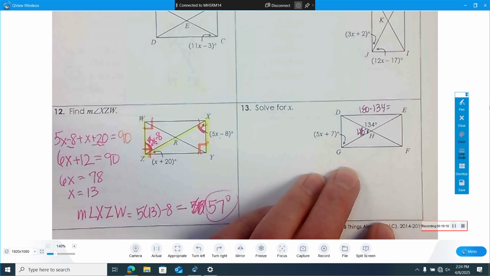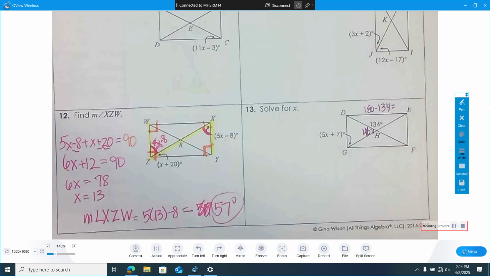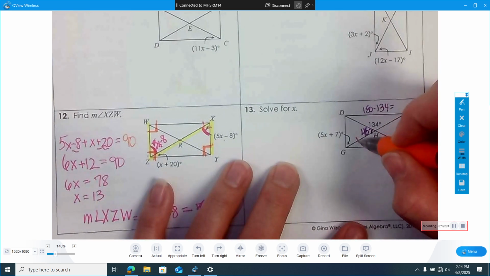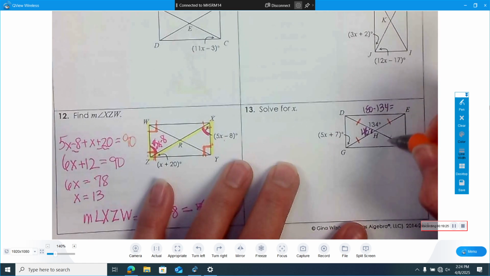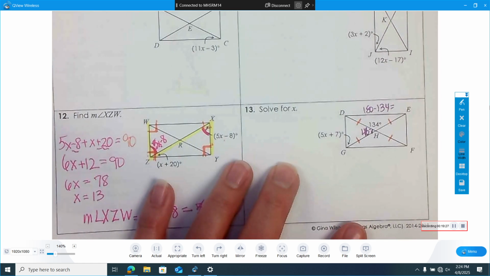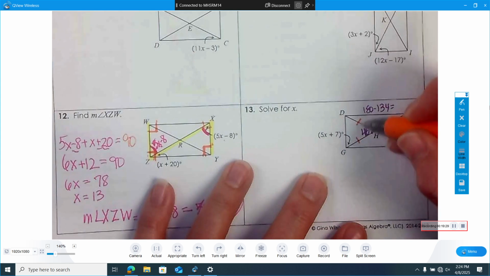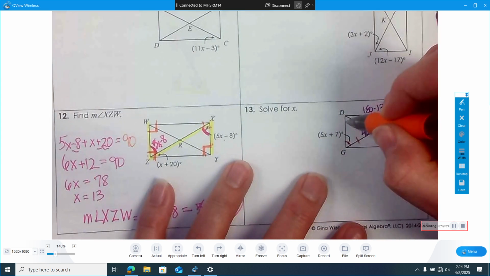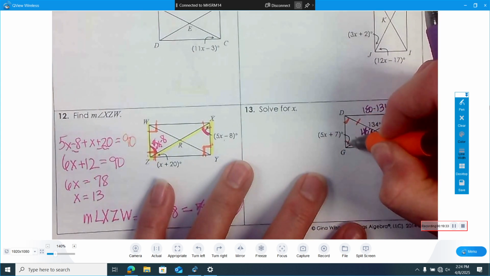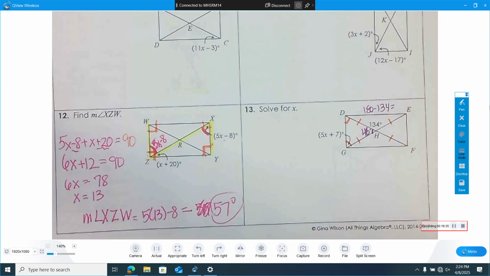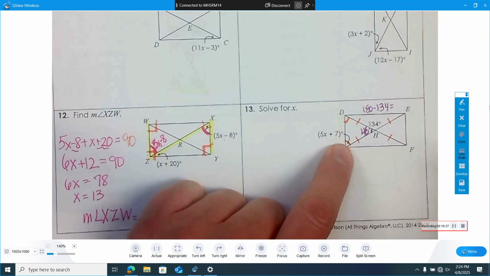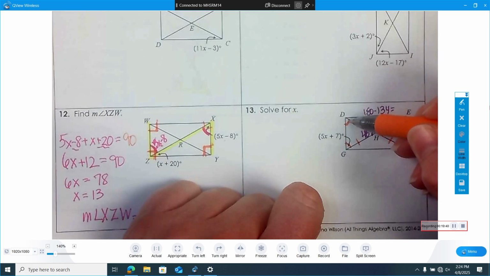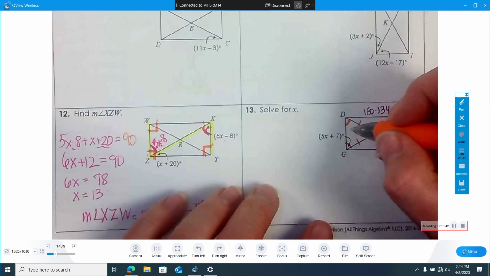Any other thoughts? Remember, all these little baby diagonals are congruent. And because you have two congruent sides, you have two congruent angles. And so if this angle is 5x plus 7, what's this one up here? Also 5x plus 7.